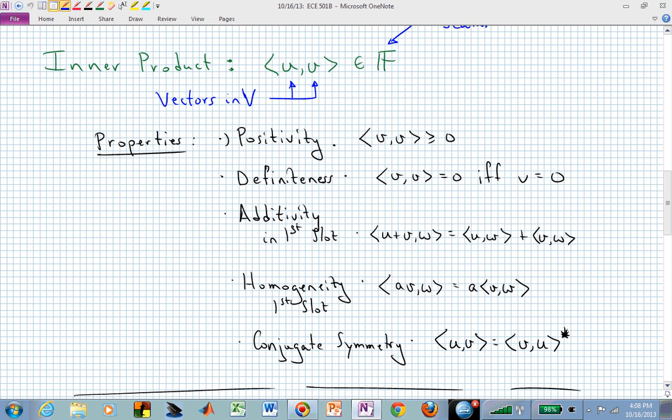If the A was in the second slot, what happens? With the A in the second slot, then that A comes out as a conjugate, doesn't it? And we're going to use that. And that's a result of this conjugate symmetry, if we wanted to sort of play it that way.